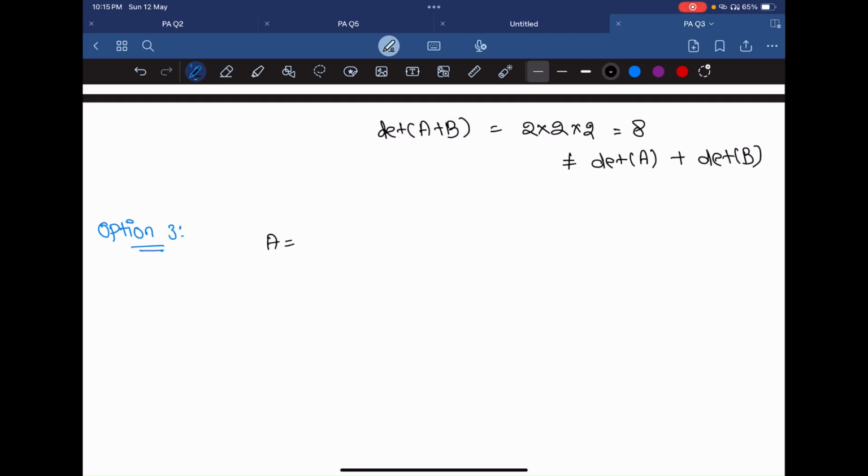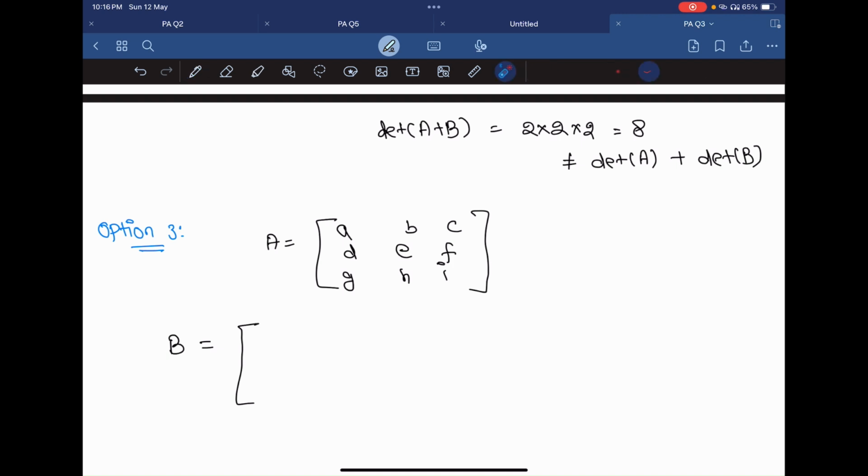Say A is some matrix: A, B, C, D, E, F, G, H, I. Now we are obtaining matrix B by multiplying each column of A by its column number. So the first column of A will be multiplied by 1, that will remain the same. The second column of A would be multiplied by 2 and the third column will be multiplied by 3. So this is our matrix B.